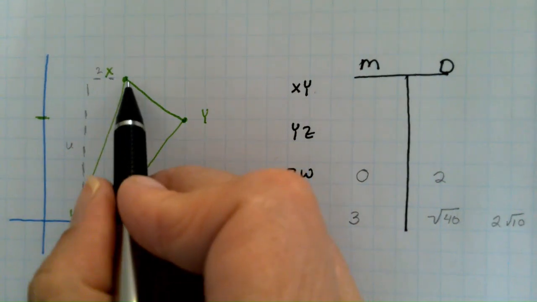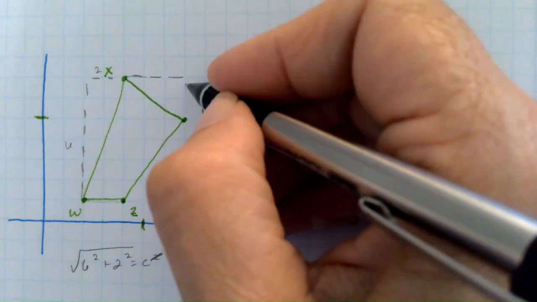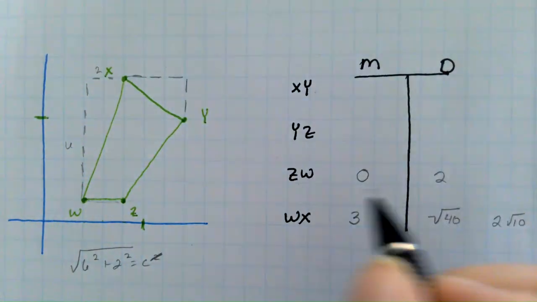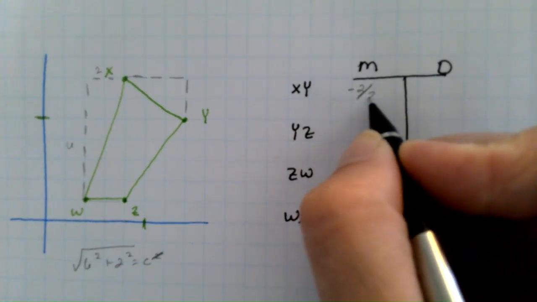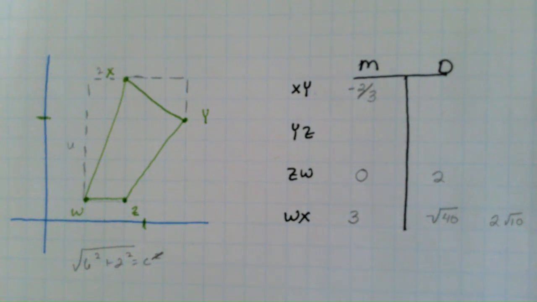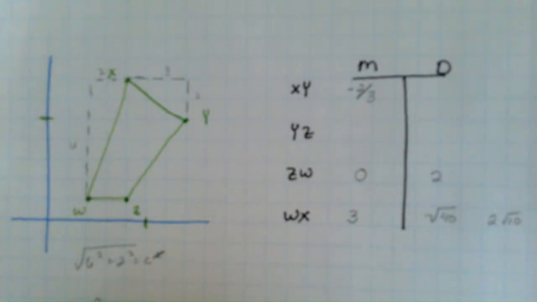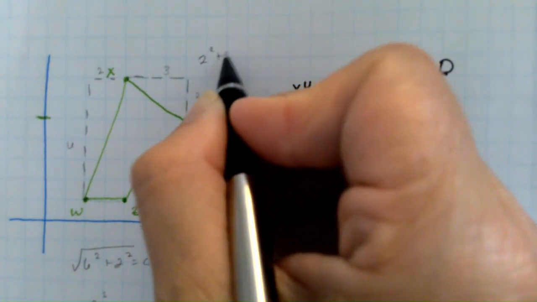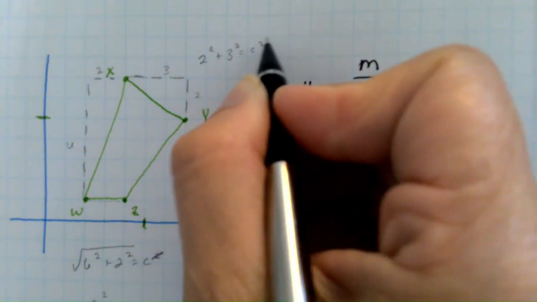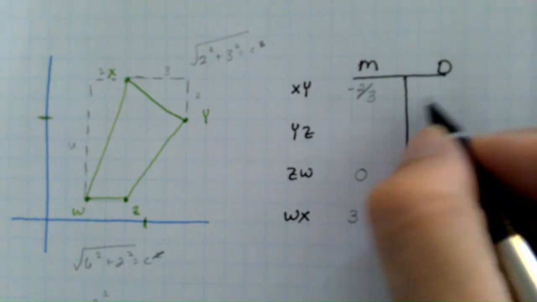Okay. X to Y, 1, 2, 3, down 2. So that's down 2 over 3. And if we did a squared plus b squared equals c squared, we'll be square rooting that. 4 plus 9 is 13.